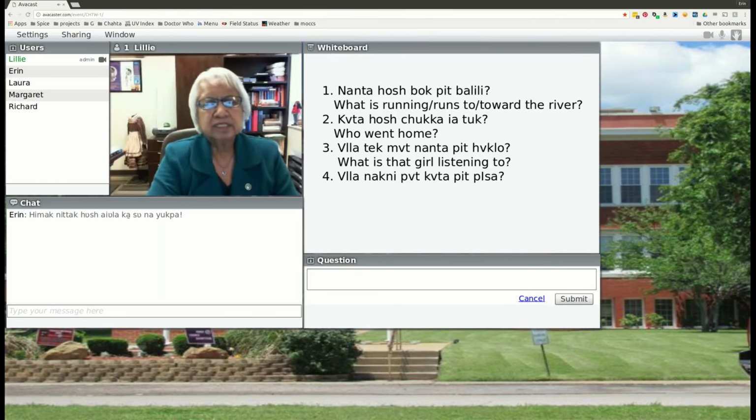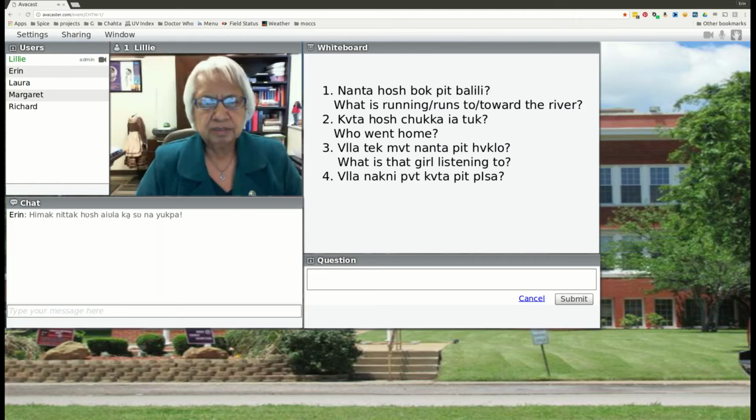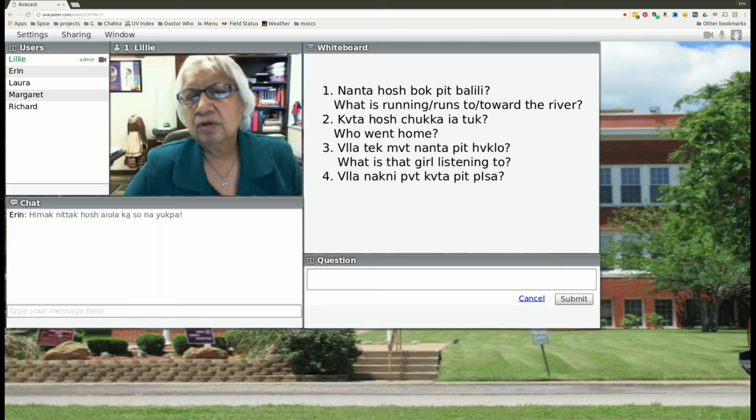It depends on the context of how they're speaking. And there are going to be speakers who use pisa for see, pinsa for look at, and interchangeably. So I would accept either one of these, see or look at.